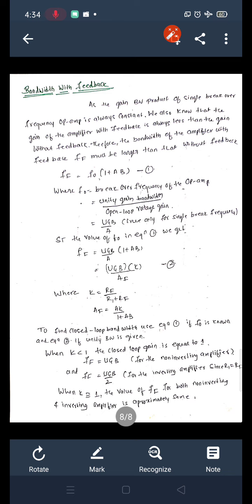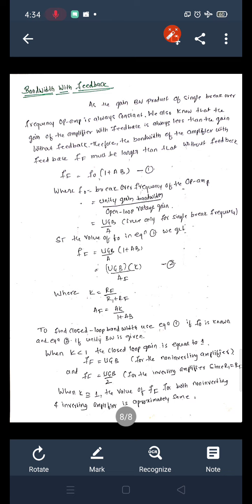Also, the gain of the amplifier with feedback is always less than the gain without feedback. Therefore the bandwidth of the amplifier with feedback must be larger than without feedback.